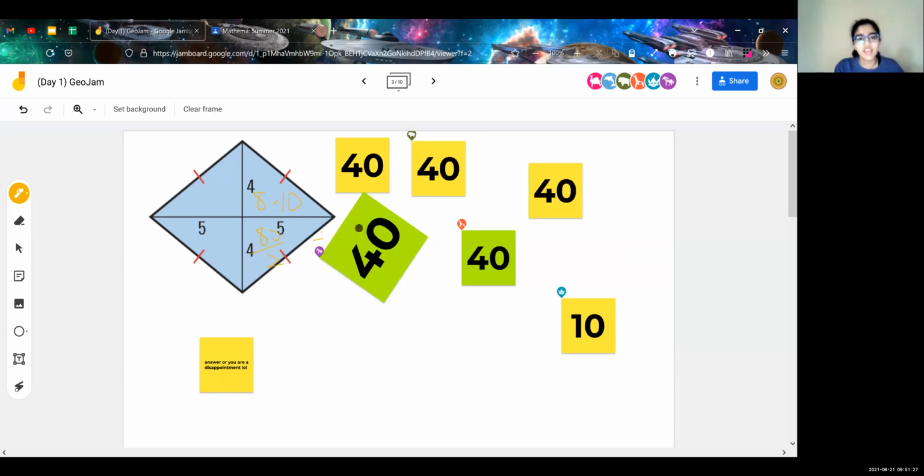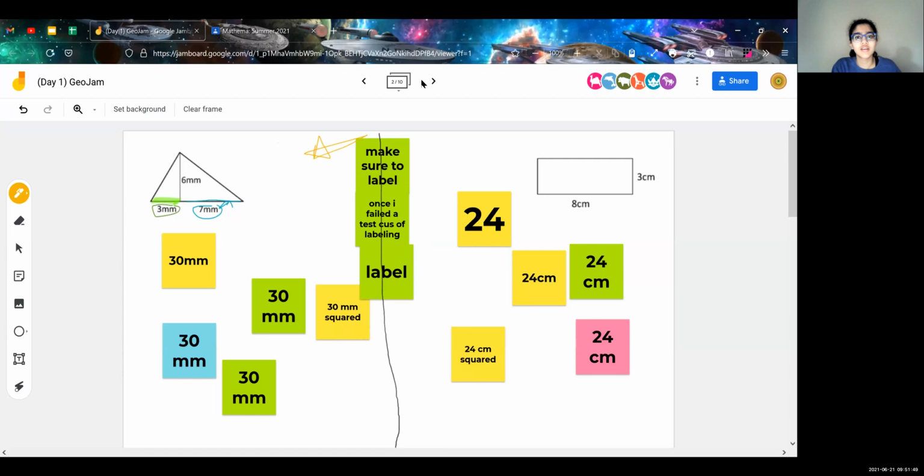Again, I see someone got the answer of 10. Remember that the 4 and the 5 were not the diagonals, but half the diagonals. But you all pretty much got it right. So you guys get a gold star.